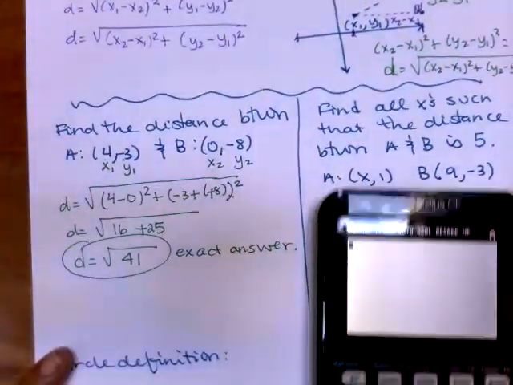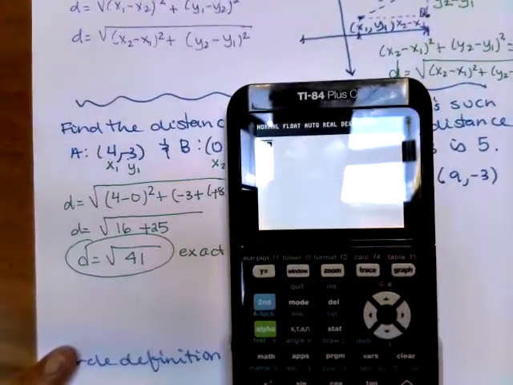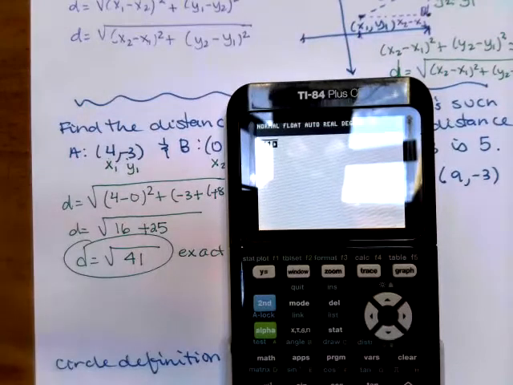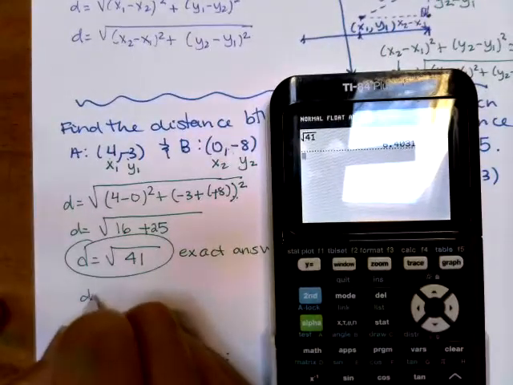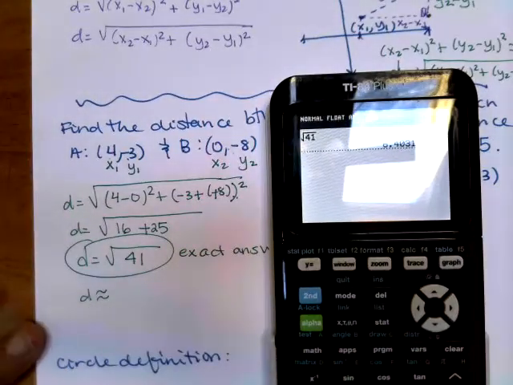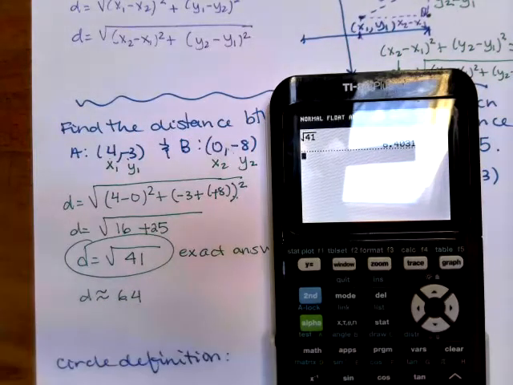Now, if you want an approximate answer, then we would do the square root of 41, and you should sort of ballpark it so you kind of know: something a little bit bigger than 6, and there it is. So d, and if we're going to approximate, we're going to use the squiggly equal sign, is approximately 6.4, and then wherever you are asked to round.